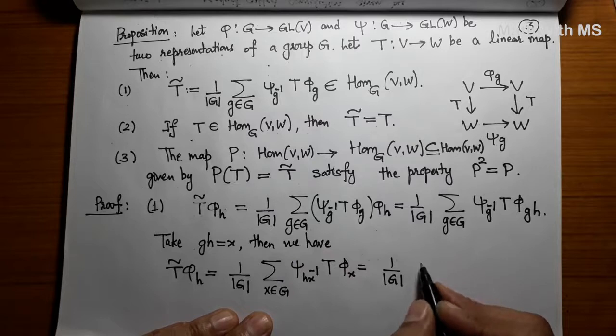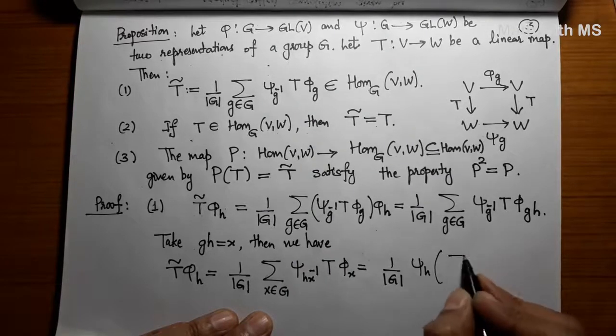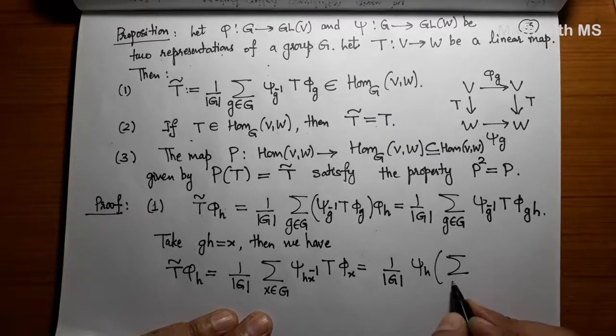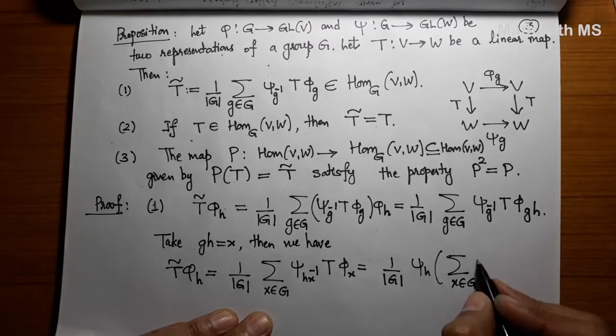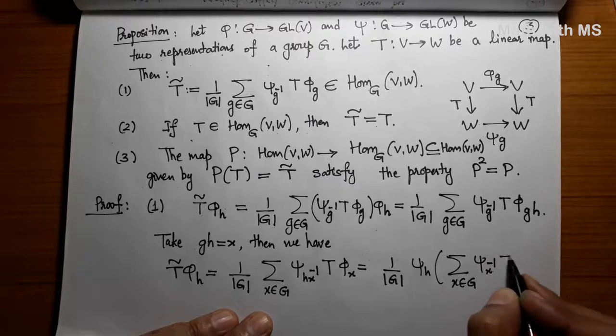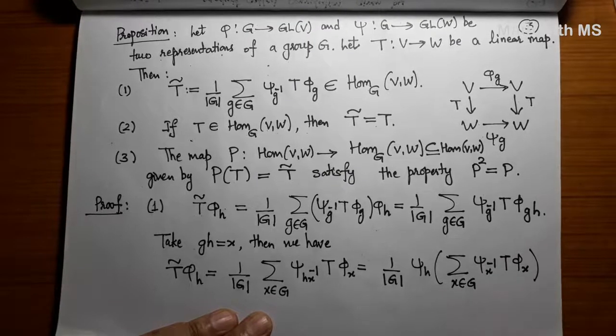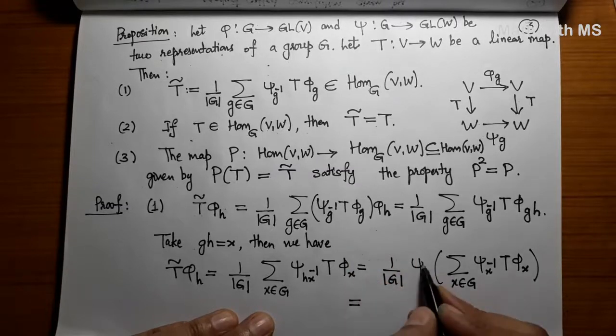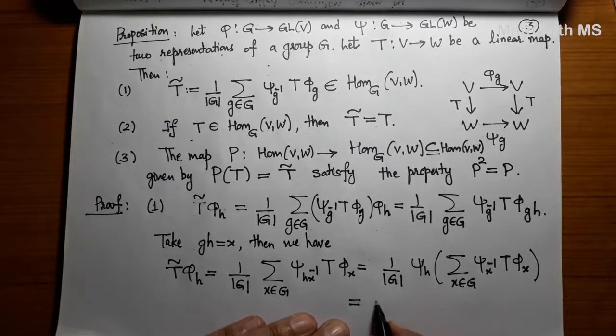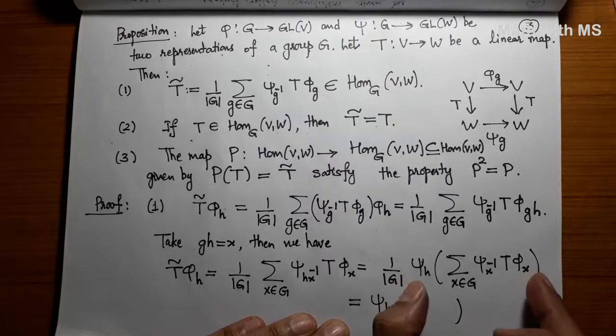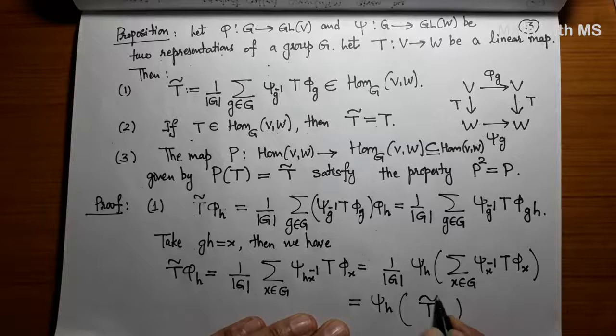So this is the same as psi H and summation over x in the group of psi of x inverse T phi x. Again, psi H is a linear map, so you can bring the scalar inside. So you can write it as psi H and the sum inside, but the sum inside is just T tilde.